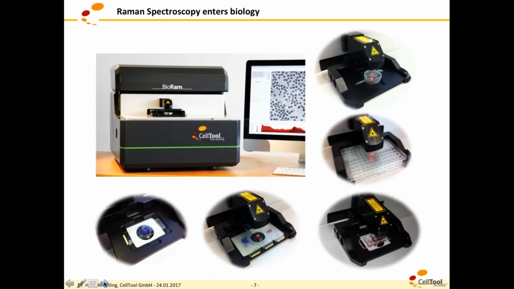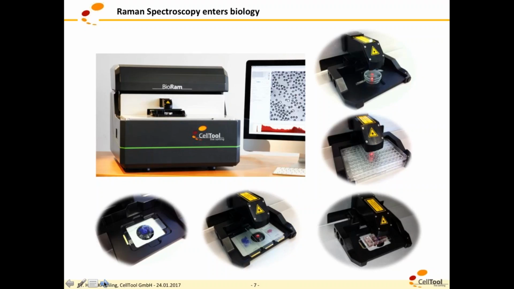Now let's have a look on how Raman spectroscopy and cell analysis can be combined. And for this, we established our so-called BioRam device. It is basically an inverted microscope with a Raman unit. And it's a benchtop device which is really built up so that biologists and physicians can easily use this specific technology.